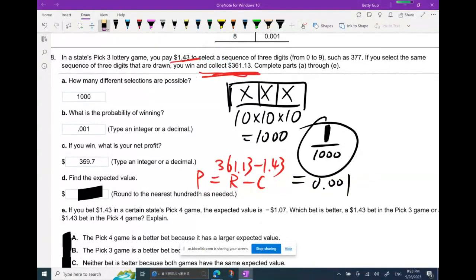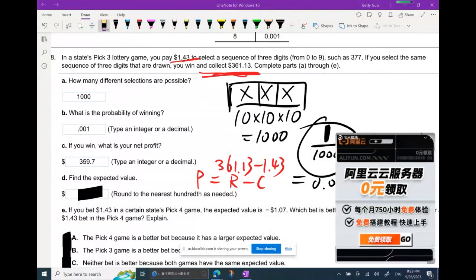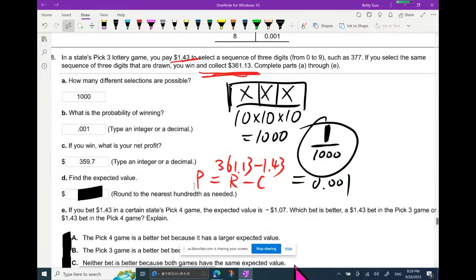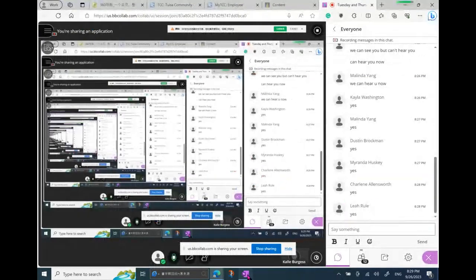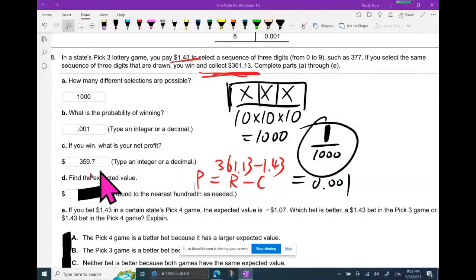You have to subtract your costs from the collection, the $361.30, to get your profit. All right? Because we are learning mathematics, and sometimes we ignore the actual business formulas. So part D, find the expected value.